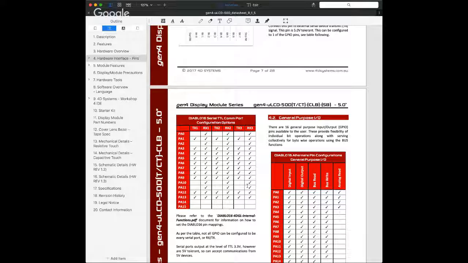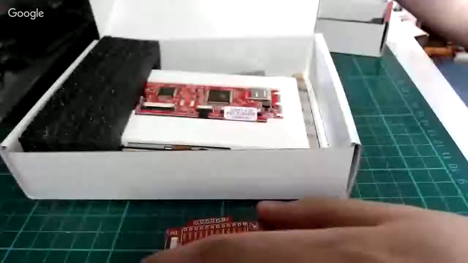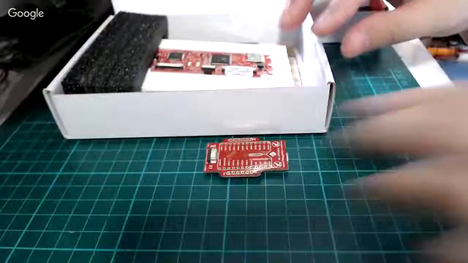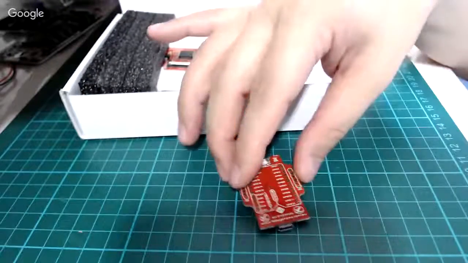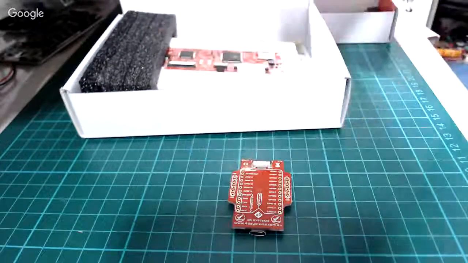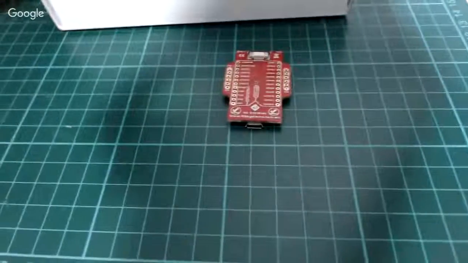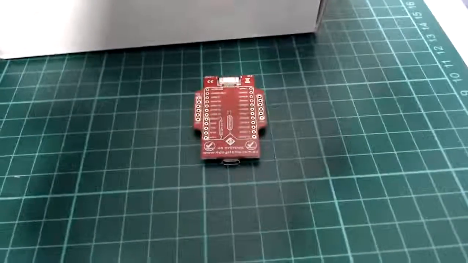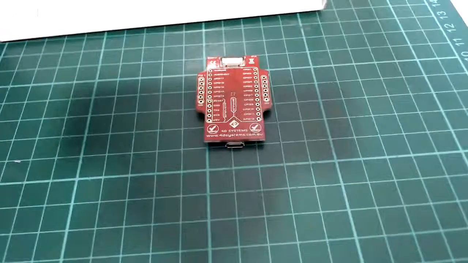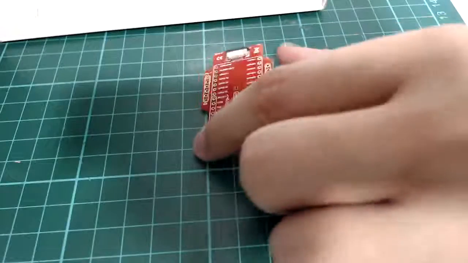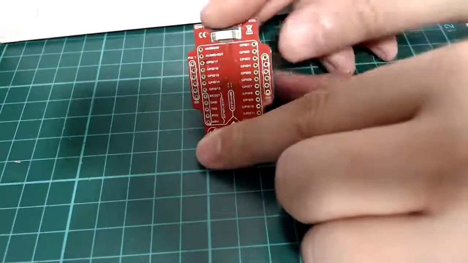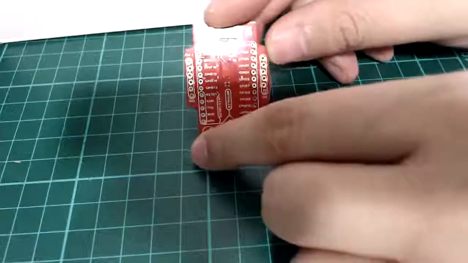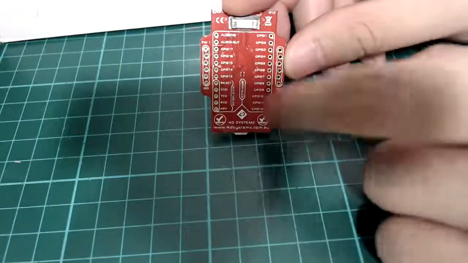Okay, let me just stop sharing the screen for a little while. You can see from the 4D UPA that there are actually 2 columns of GPIOs that are available.